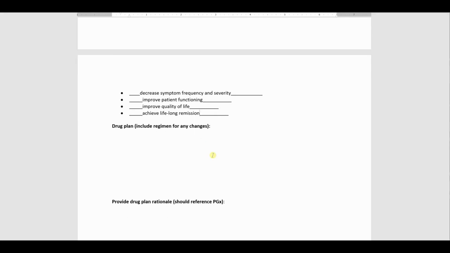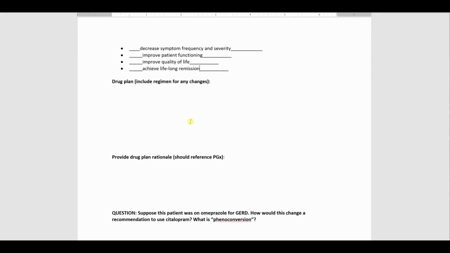And then along the same lines, improving her quality of life so that she can get back to not having such severe obsessions and compulsions. For our long-term goal for almost any pharmacotherapeutic plan you make, you always want to achieve lifelong remission in psychiatry.